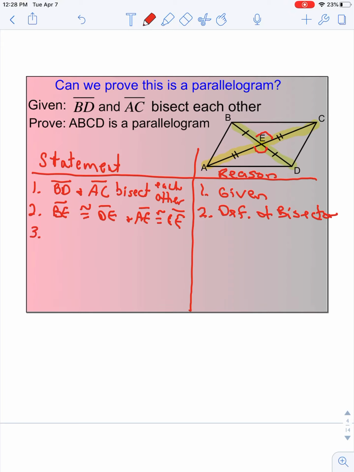So why do I want to know that? Because now I can prove those two triangles are congruent. So first I need to state that angle BEC is congruent to angle DEA, and that would be due to vertical angles.